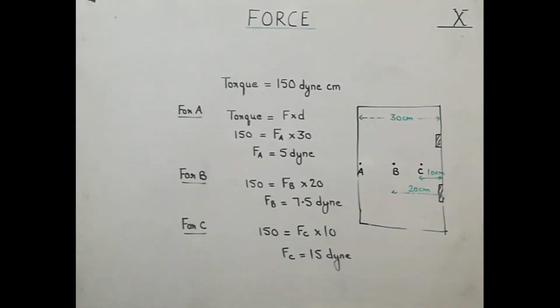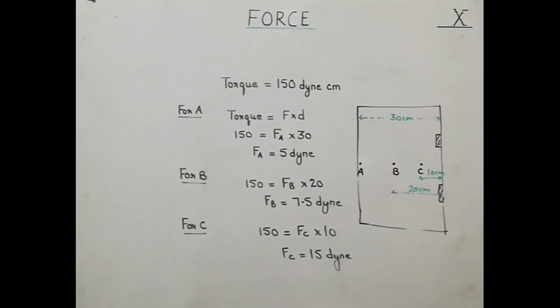So from this example it is clear to us that the torque required is the same for all, but they are applying the force at different distances. So the one who takes the maximum distance has to apply the least force. See A, example for A. A is taking the maximum distance, so he has to apply the least force.